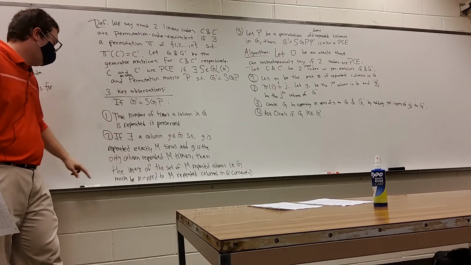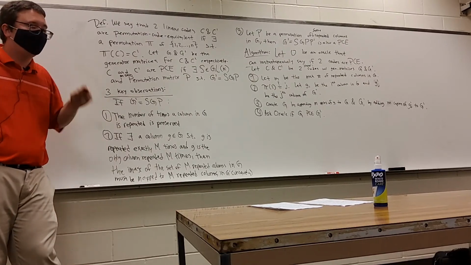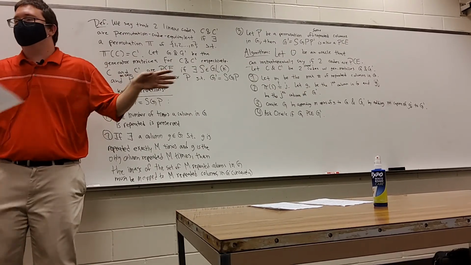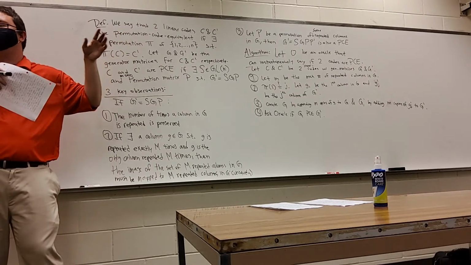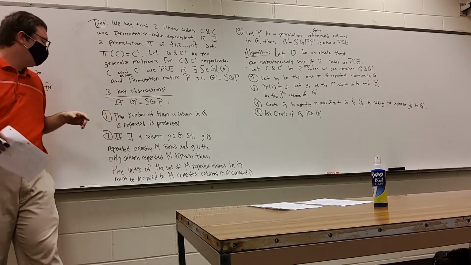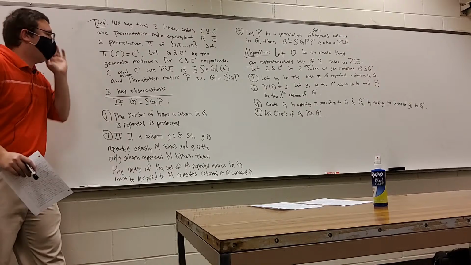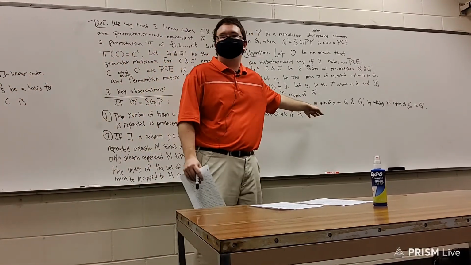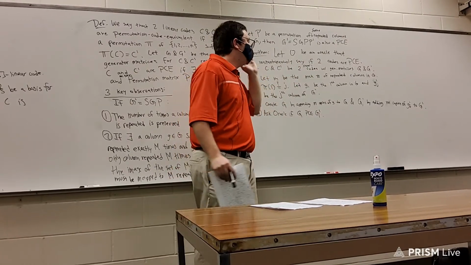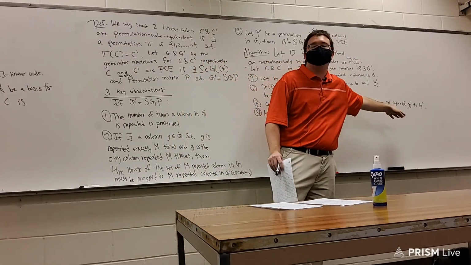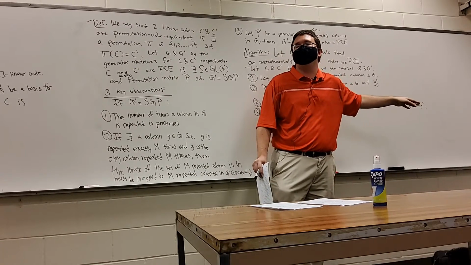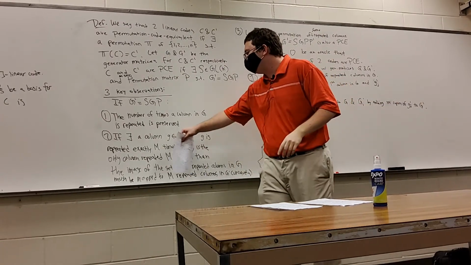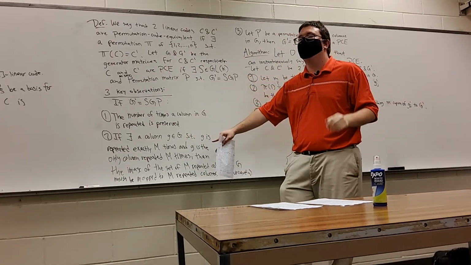By fact 2, none of the other columns can be repeated that many times, so it has to be the case that the repeated copies of G1 get mapped to the repeated copies of G prime J. So that's by key observation 2.